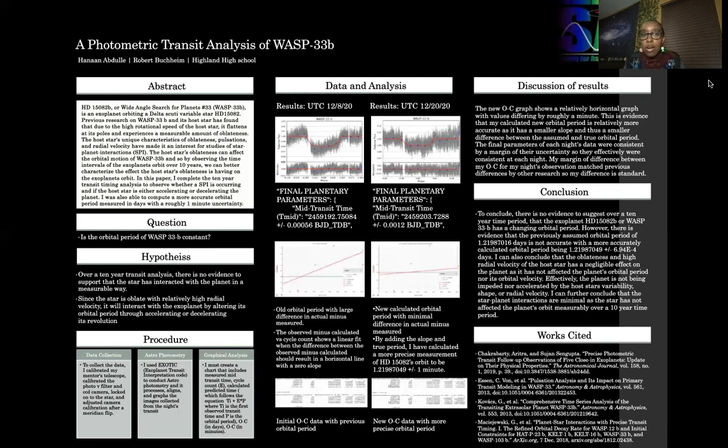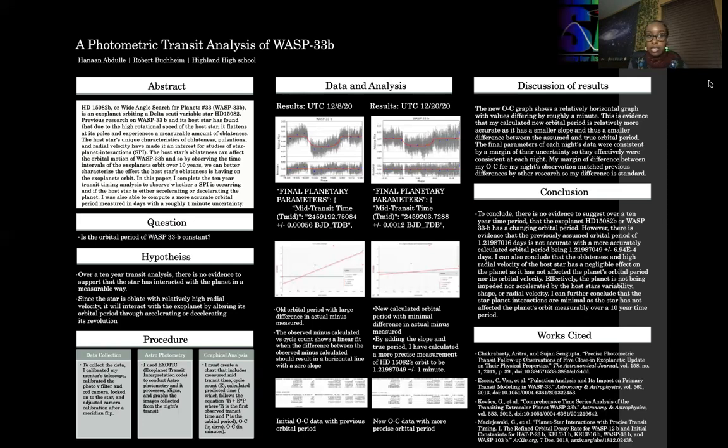And also, in regards to timing, the orbital period would change. So it'd either take longer to go around or it would go around faster. So my question is whether or not the orbital period of WASP-33b is constant or not.